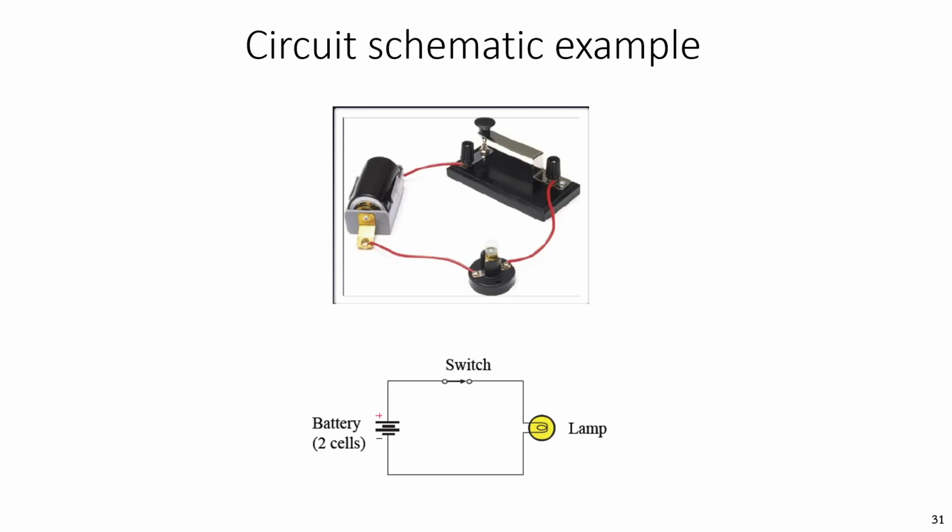And this is an example of a schematic electricity system, right? We have a battery supplying the lamp, and we have a switch, this switch here. We call this an equivalent circuit, the model or equivalent circuit.